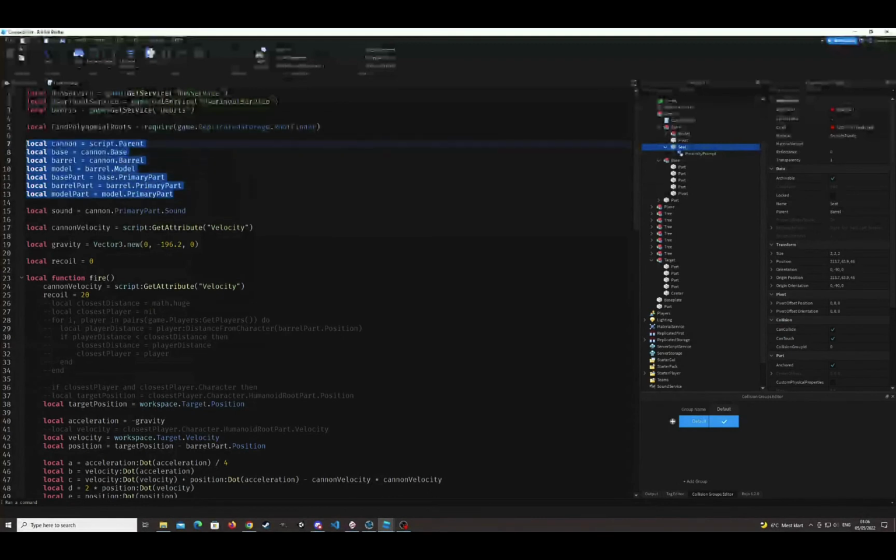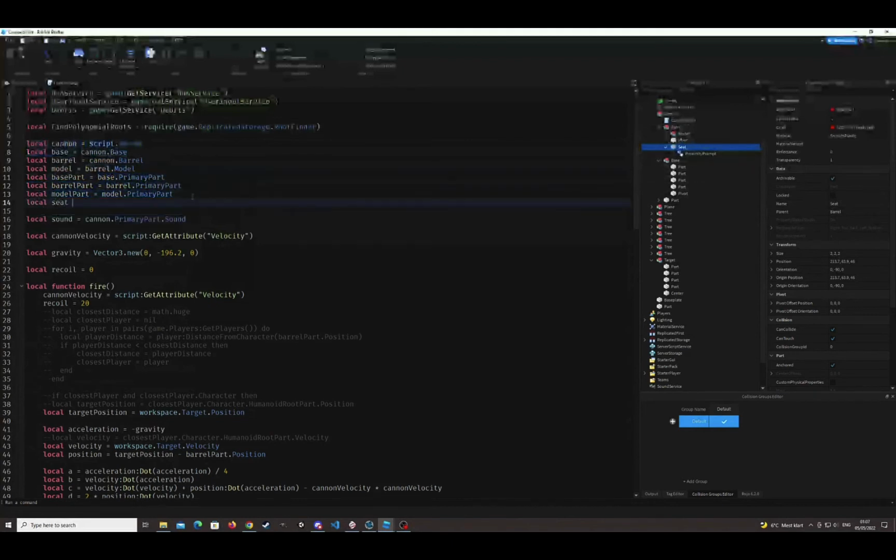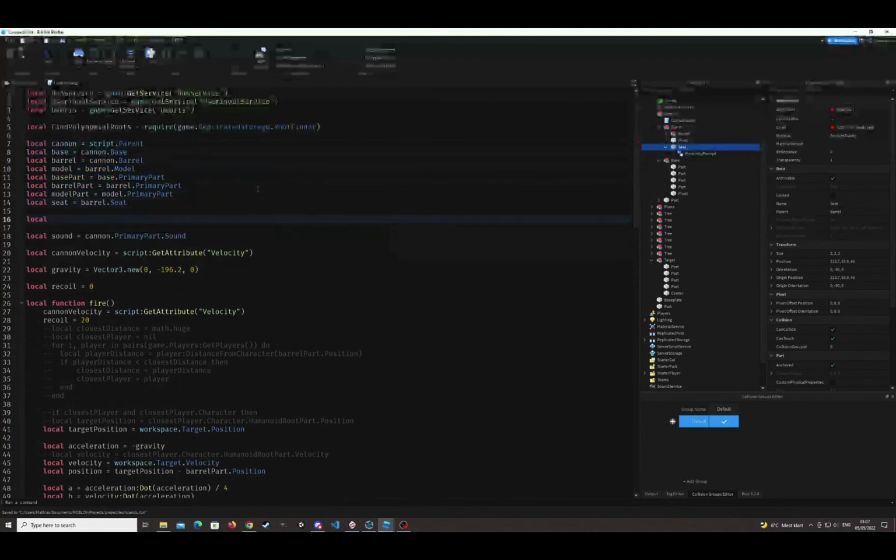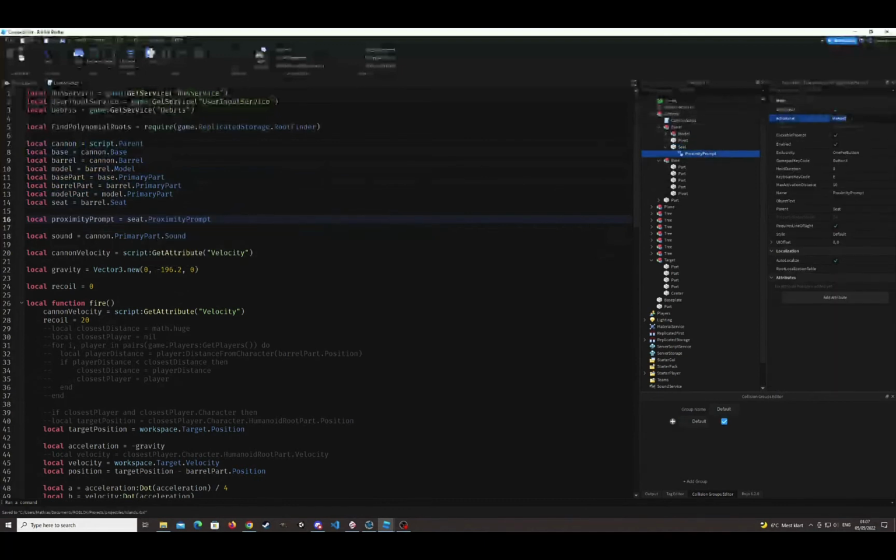All these other definitions are just this model. We have the barrels, and then these are the pivots that I showed earlier. We can have the seat be barrel.seat, and local proximityPrompt be seat.ProximityPrompt. Call this launch.